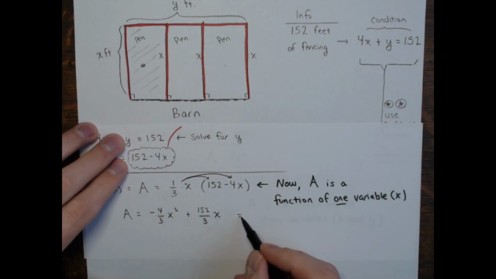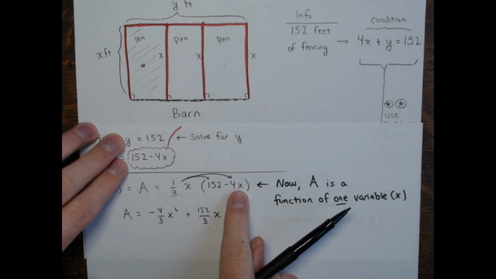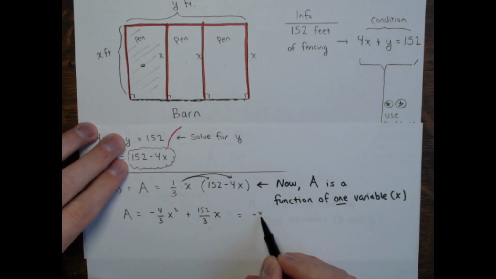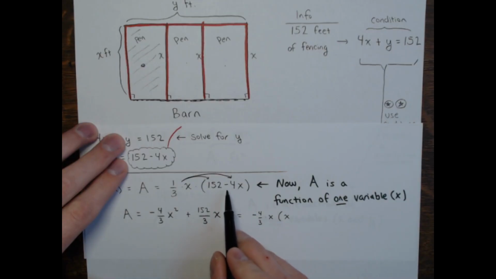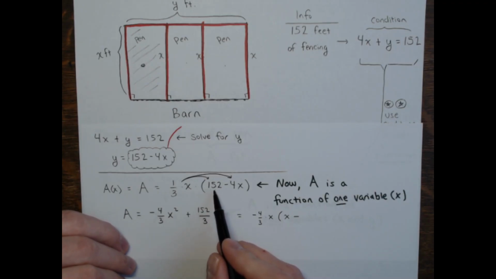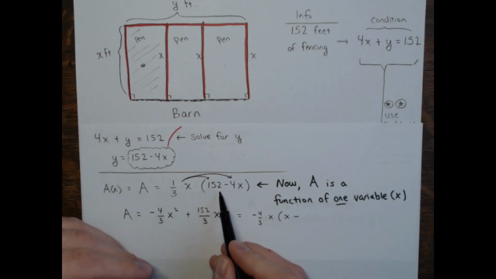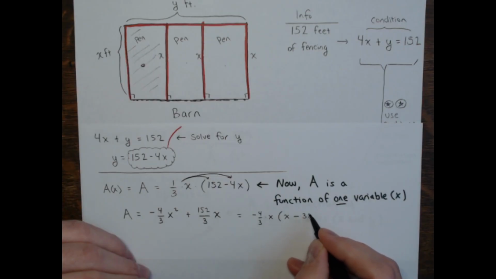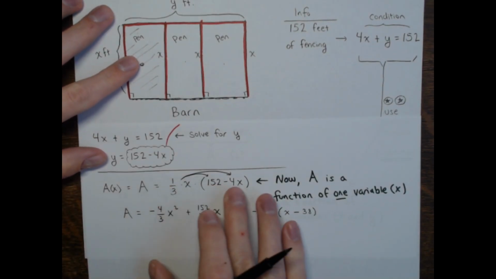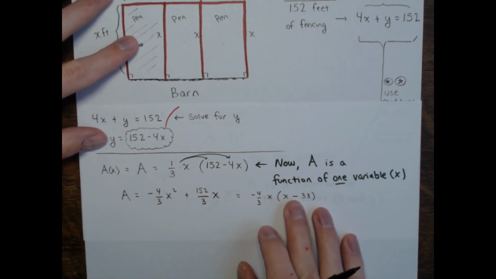Because if you looked at this another way, I mentioned how these two terms here, 152 and negative 4x, if I pulled negative 4 out of that, you could also rewrite this as negative 4/3 times x times x, when I pull the negative 4 out of that term, and then minus, and then 4 goes into this 38 times, right? Would it be 3 for 12, 1, 32, yeah, 38 times. So you could look at it this way as well. All right, so a bunch of ways we could see our function of a single variable.